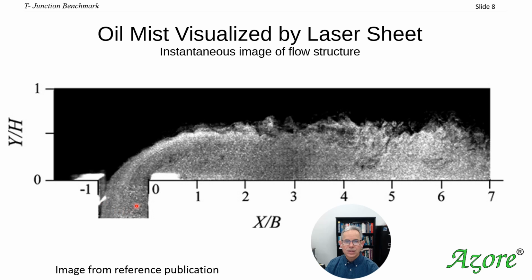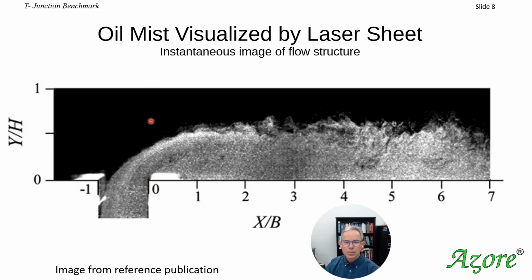So you can see this grayish area is that oil mist, and this would be where the hot gases might end up in our duct system when it meets with a cold gas stream that's coming over from this direction. So the black area is essentially our cold air, and this grayish area is our hot air. And here are our non-dimensional dimensions of where we're going to look at it.